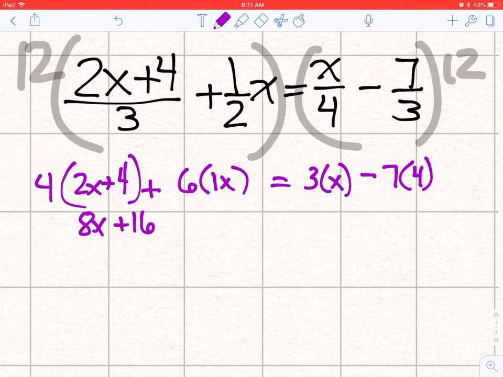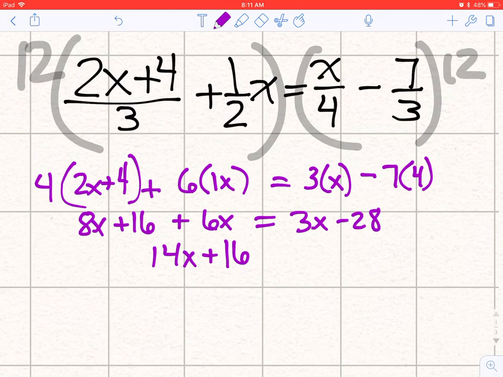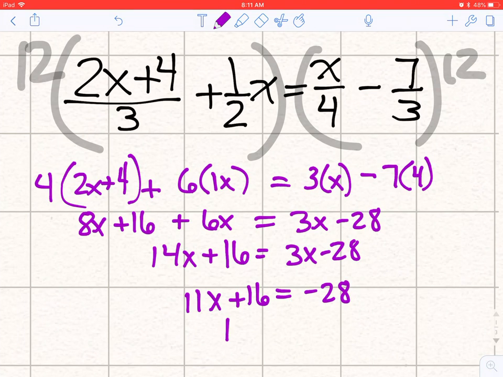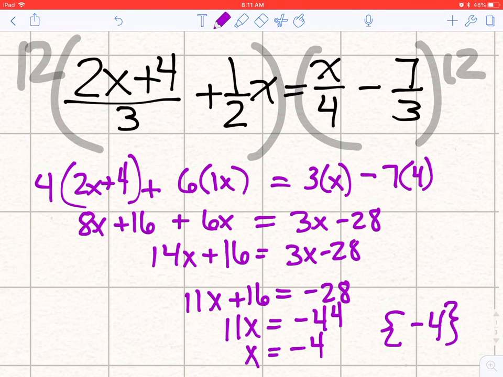So I distribute the 4. Combine like terms. And start to subtract. So subtract the 3x over, leaves me with 11x. Subtract the 16 to the other side, and that leaves me with a negative 44. So x equals negative 4. So my solution set is exactly that.